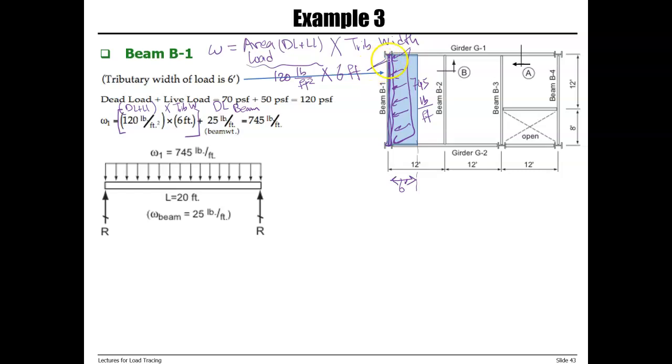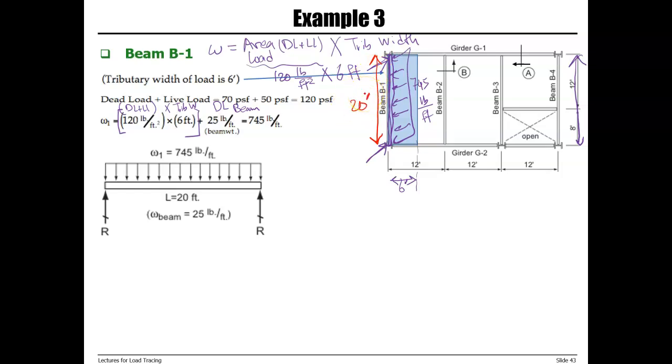Now we want to calculate the end reactions. So we have a uniformly distributed load, 745 pounds per foot, and this total length here is 20 feet.